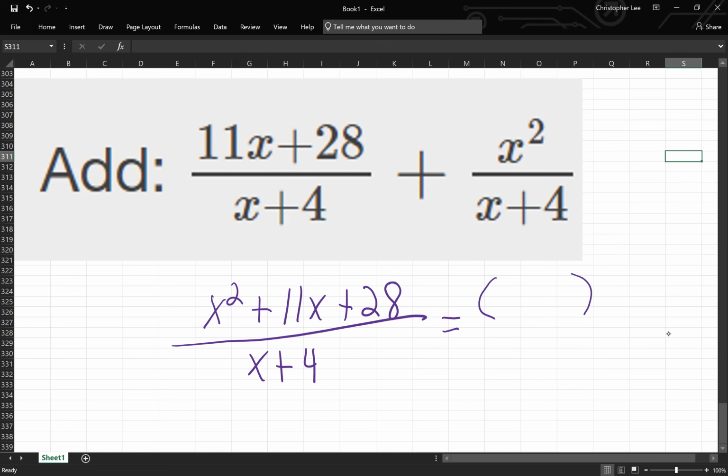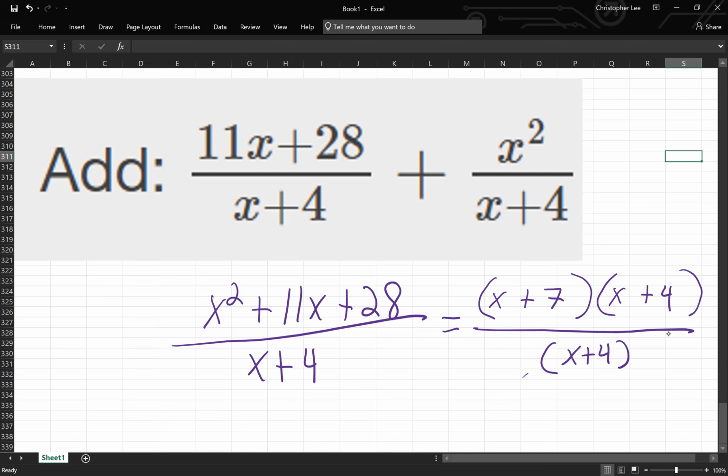Let's factor the top. Give me two numbers that multiply to 28 and add together to give 11. It's going to be x here and x here. Seven and 4, I like that. So plus 7 and plus 4, all of that over x plus 4.